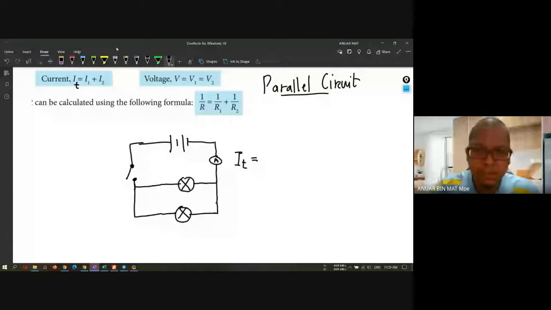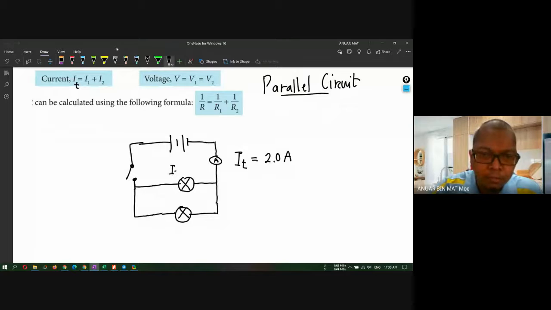If the ammeter reading is, for example, 2.0 ampere, if the total current of the parallel circuit is 2.0 ampere, so what is the current for I1 and I2 on the bulb?